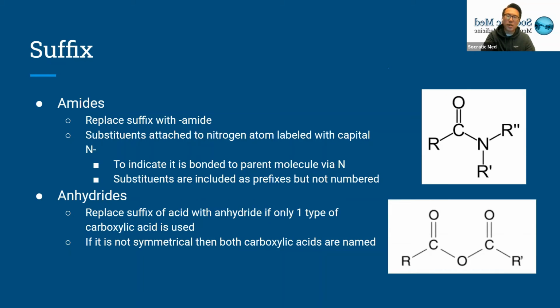So don't confuse that with the lowercase n that signifies a normal straight chain for the alkane. So the capital N means that the substituents are bonded to the nitrogen atom, and that's how they're connected to the whole parent chain.